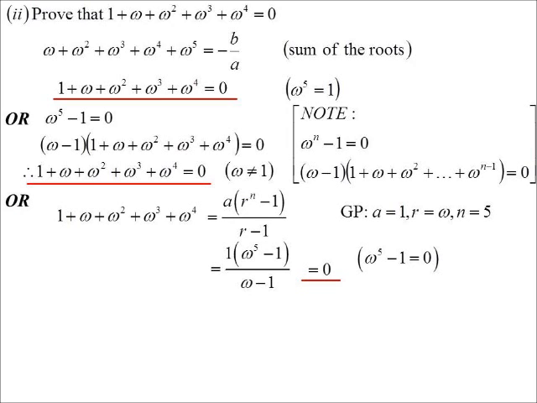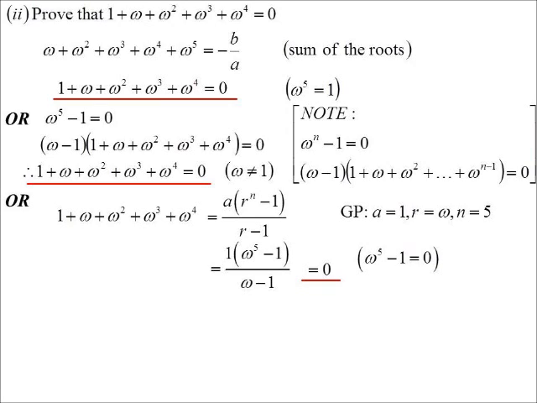Another way we could do it. What do we got there? It's a geometric series. So I could say, well, the first term is 1. The ratio is omega. The number of terms I've got is 5. So if I sub that into our formula for sum to 5 terms, I get 1 outside of omega to the 5 minus 1 over omega minus 1.